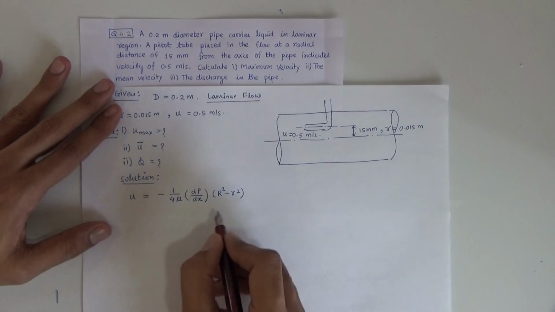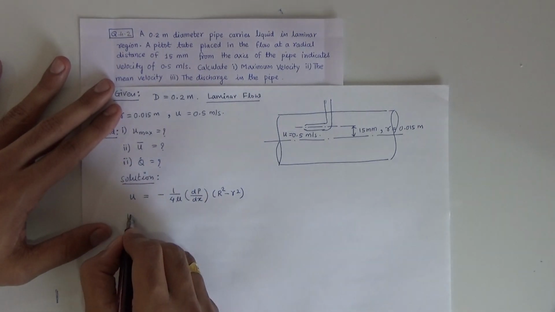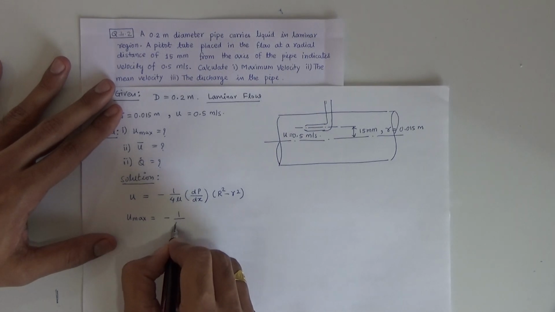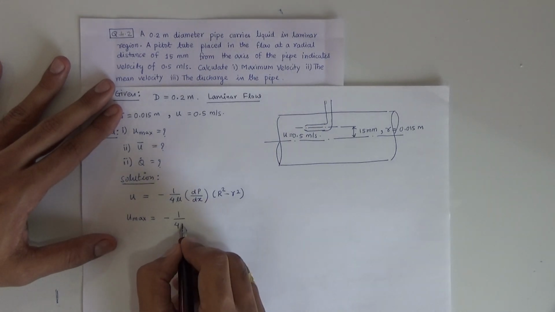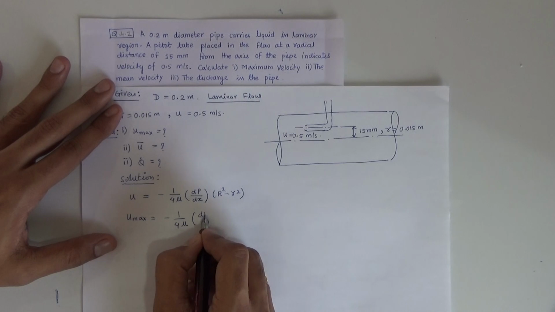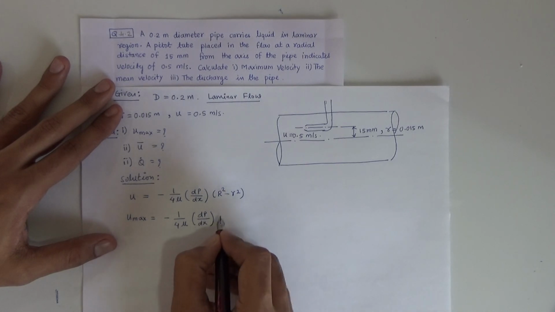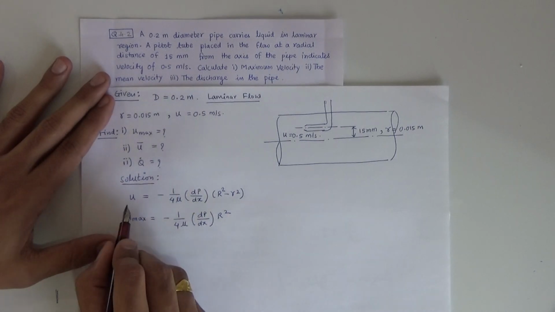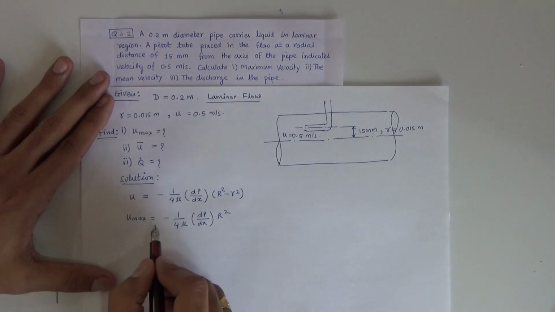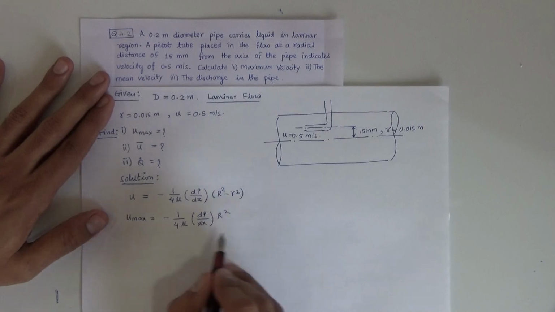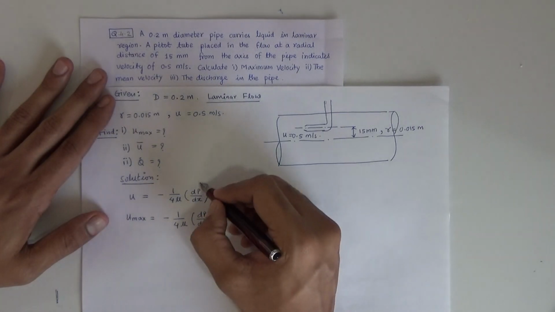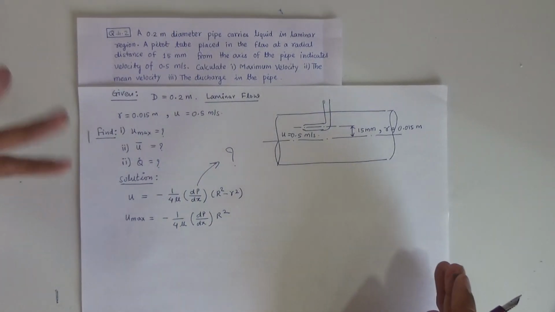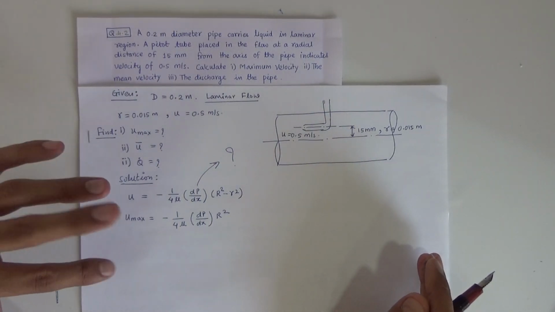So if I write this down, I can write the formula for maximum velocity also. What is the maximum velocity? It will be at r equal to 0, so it will become dp by dx into R square. The way to solve this problem is to take the ratios, because here dp by dx is unknown. dp by dx is not given, we cannot find it, or we can find it but the process will be lengthy.